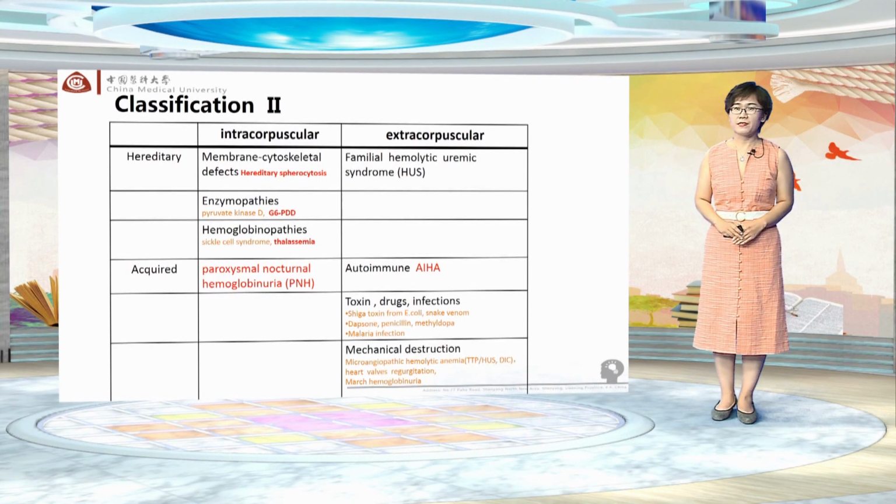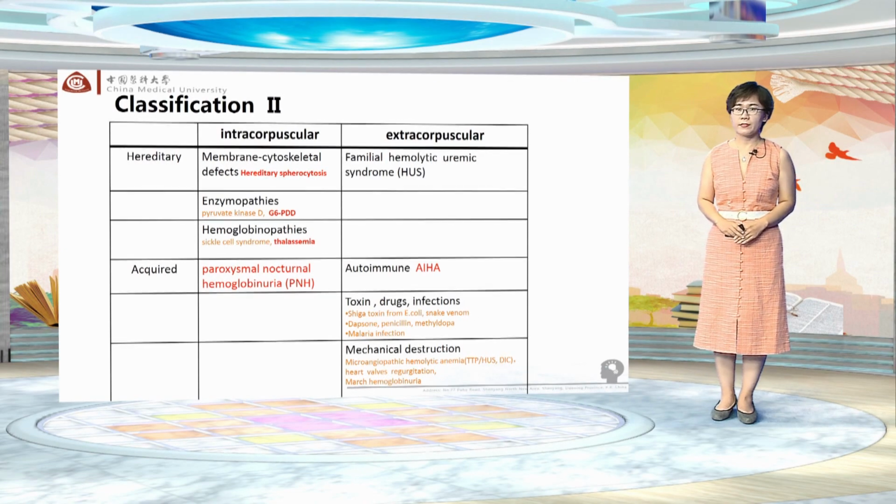It can also be defects of enzymes that participate in cell metabolism, such as erythrocyte glucose-6-phosphate dehydrogenase deficiency and pyruvate kinase deficiency. Hemoglobinopathies include sickle cell syndrome and thalassemia. A representative acquired hemolytic anemia is paroxysmal nocturnal hemoglobinuria.